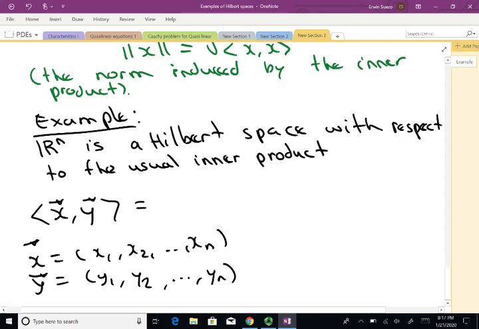So the inner product is the sum. That's what you learn in calculus 3. And you have the sum over j equals 1 to n of xj times yj. That's notation, okay?